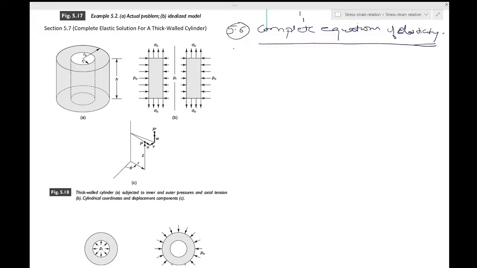Okay, so we refer to this big word called the theory of elasticity. This is the name given to that body of knowledge which deals with the distribution of stress and strain in an elastic body subject to given loads, displacement, and distributions of temperature.